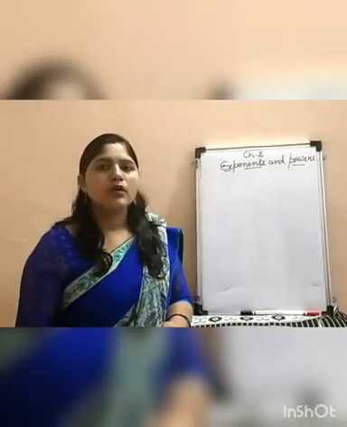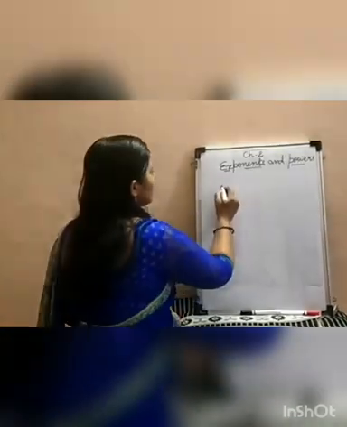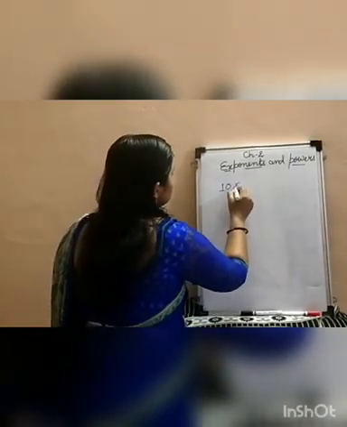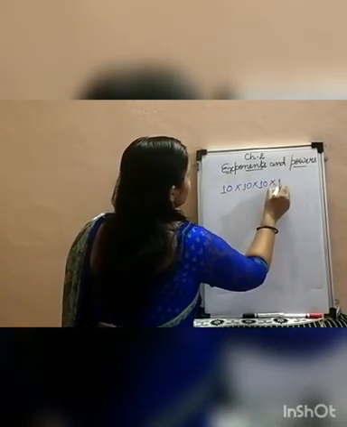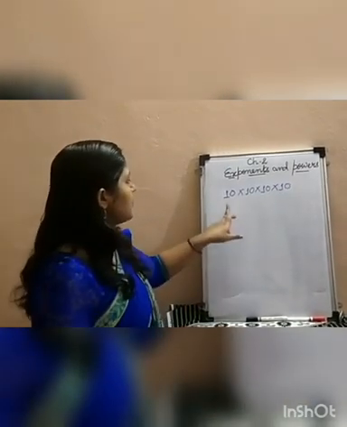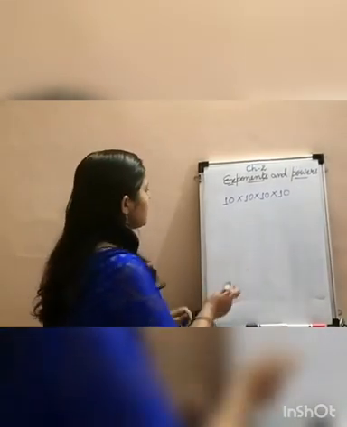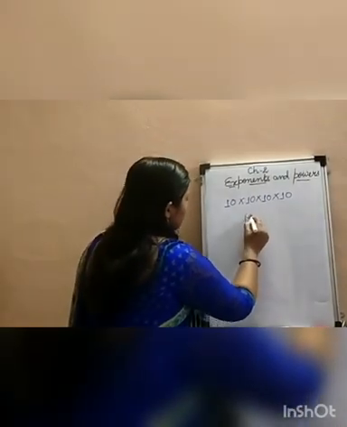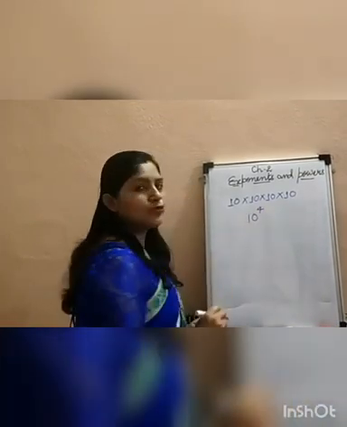When a number is repeatedly multiplied by itself. For example, 10 into 10 into 10 into 10. This number is 10. It is multiplied 4 times. So we can write it as 10 raised to the power 4.